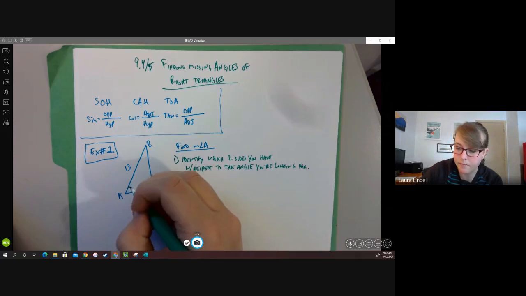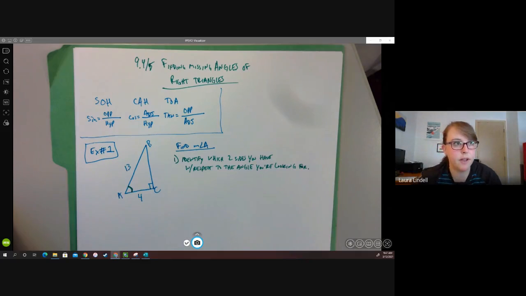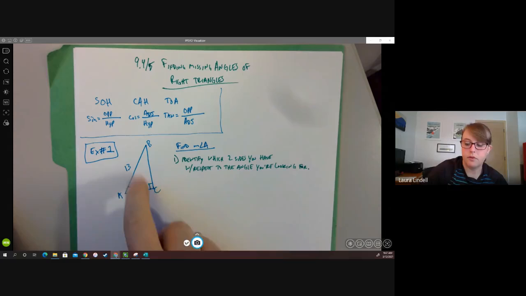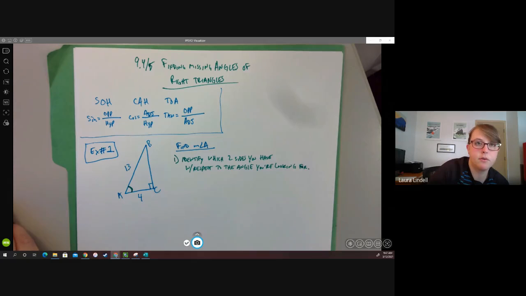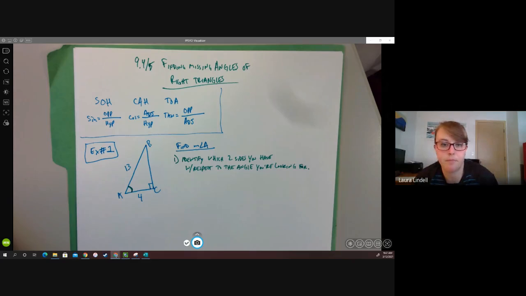So looking at angle A, the 2 sides that we have are these two, 13 and 4. With respect to angle A, what are they? Are they opposite, adjacent, hypotenuse? Which 2 do we have? All right, so what do we think 13 is?